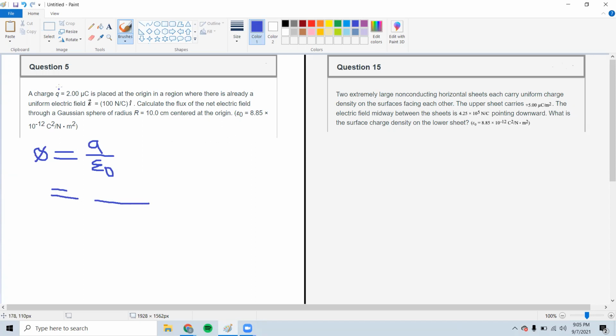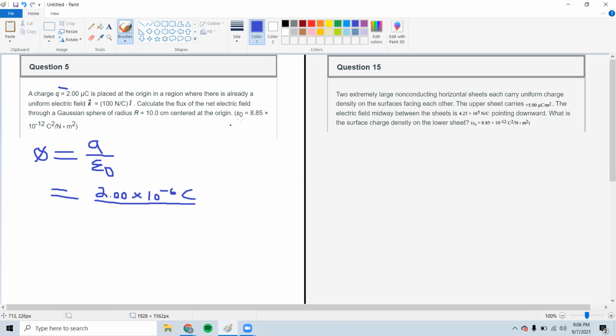Here we're given that Q is equal to 2 microcoulombs. So we're going to write that in regular coulombs without the micro, so we add times 10 to the power of negative 6 coulombs.